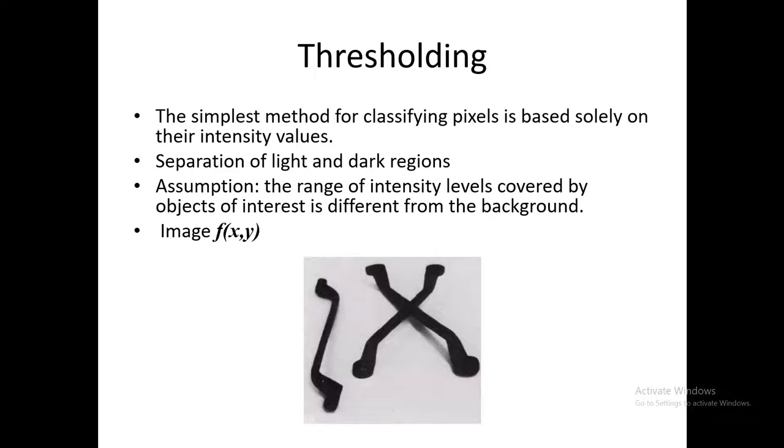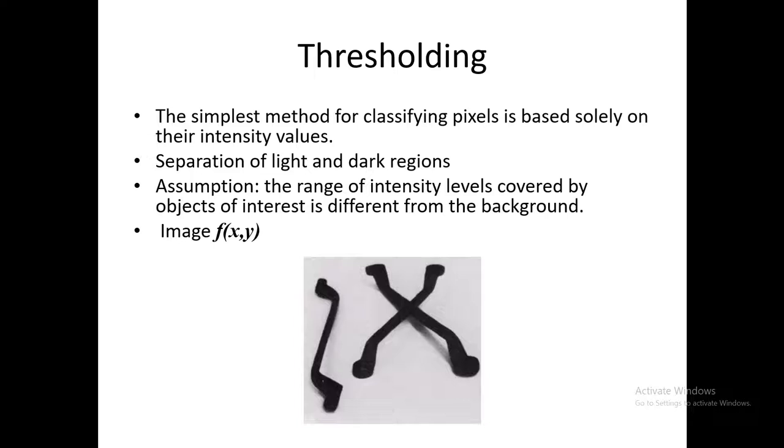We call them two modes, and one region will be towards the darker side, or the lower intensity values, and the other will be towards the brighter side, or the higher intensity values.